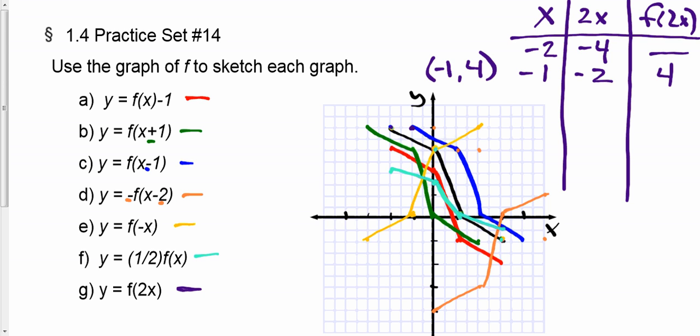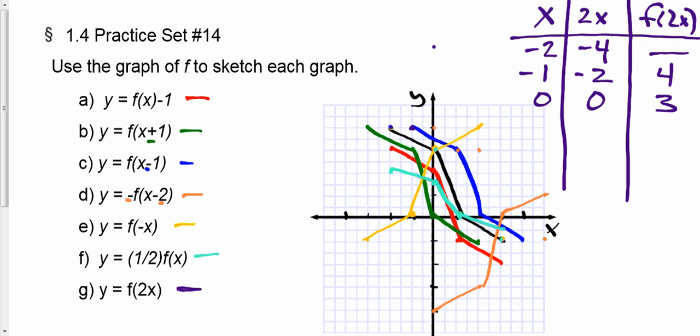My next one, I'm going to erase this now. That's where I'm going to write my ordered pairs. My next one, I'm going to do 0. When x is 0, 2x is also 0, and f of 2x, well, when the number inside the parentheses is 0, my value is 3.